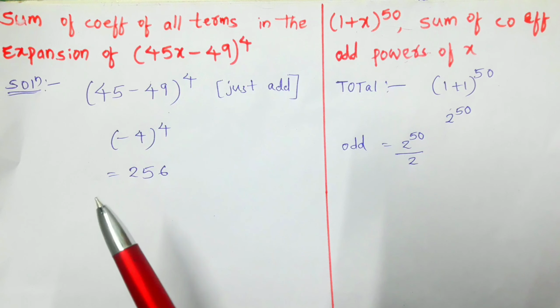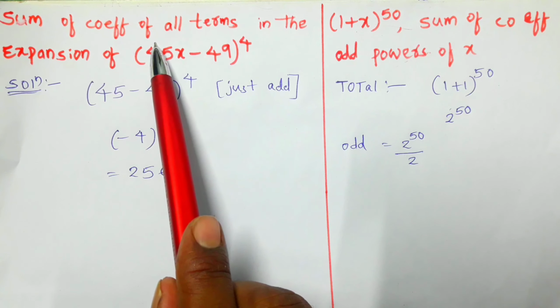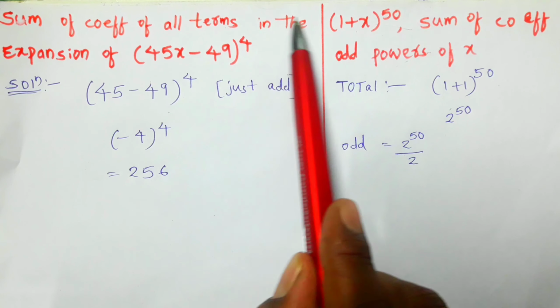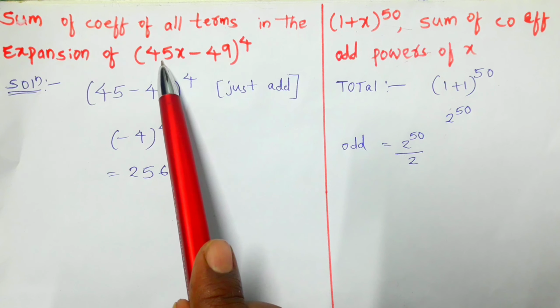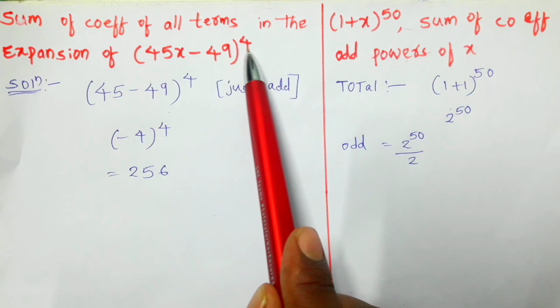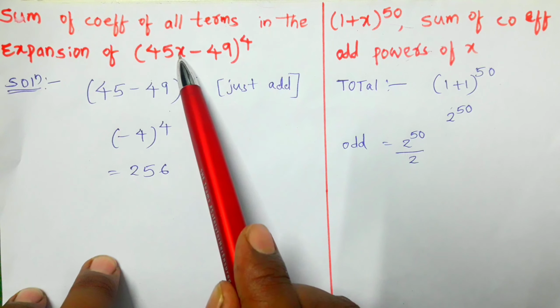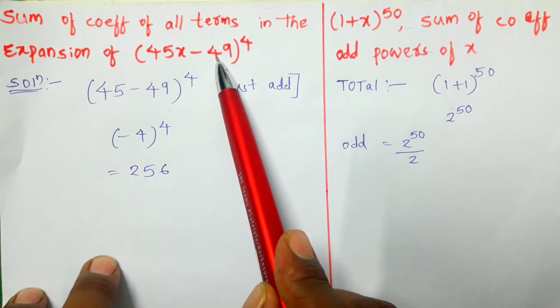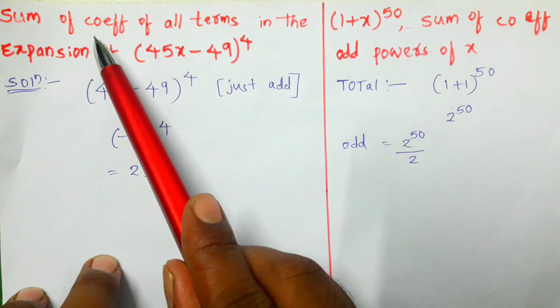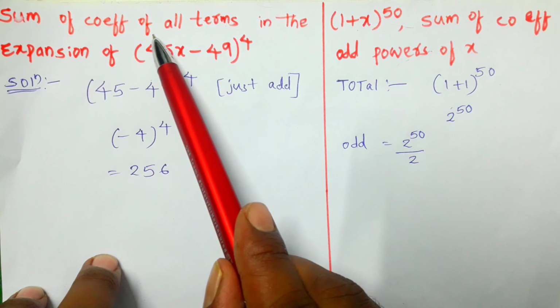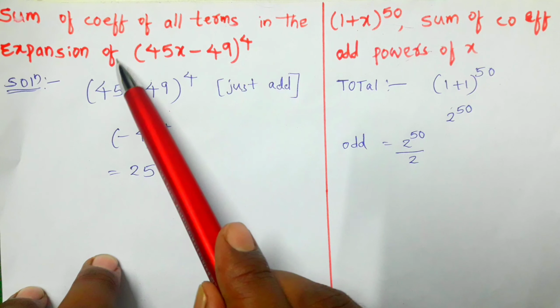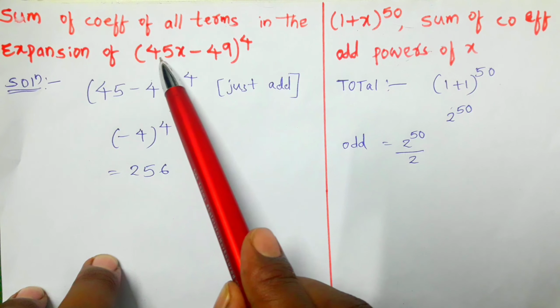See the question. First question, sum of coefficients of all terms in the expansion of (45x - 49)^4. Question is sum of the coefficients. Here x coefficient is 45, here 49 is a constant. Find the sum of the coefficients.